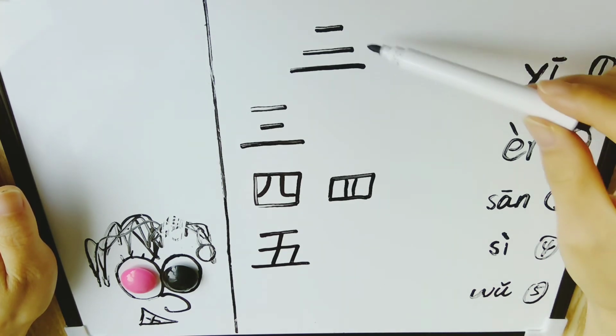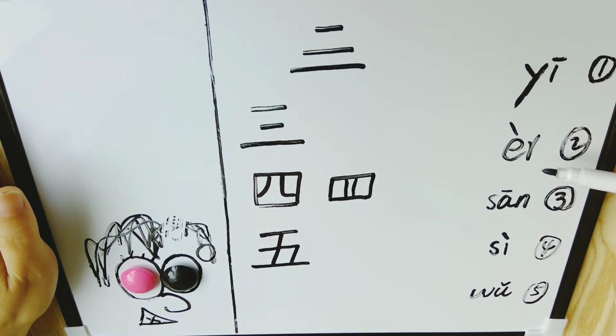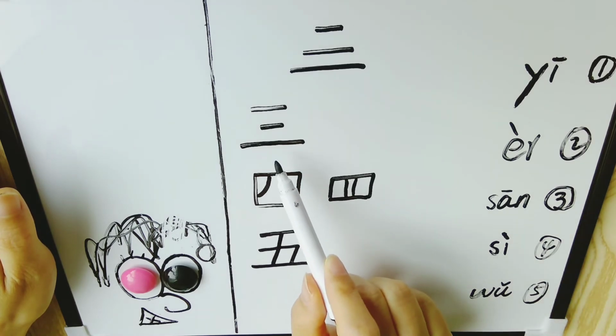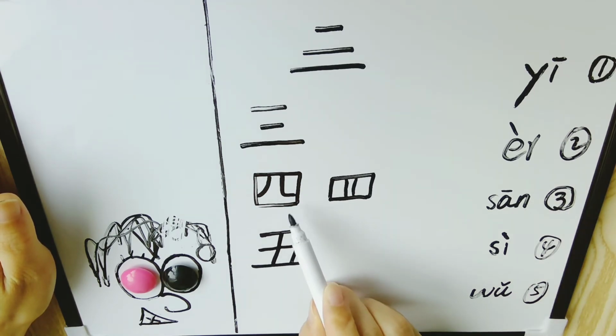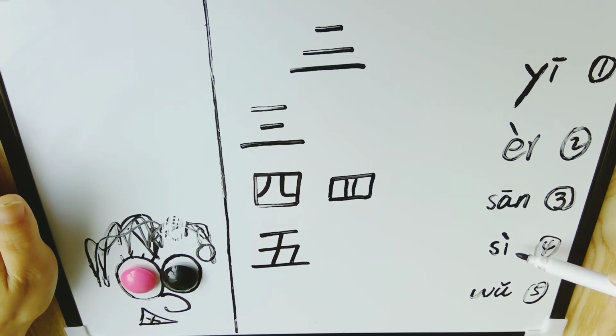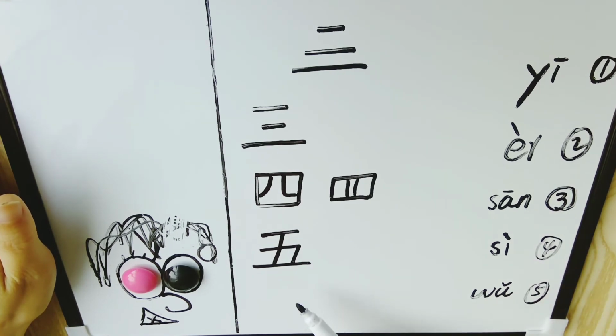Number 2, two horizontal lines. Er, er. And number 3, three horizontal lines. San, san. And number 4, this one, 四, 四. Number 5, 五, 五.